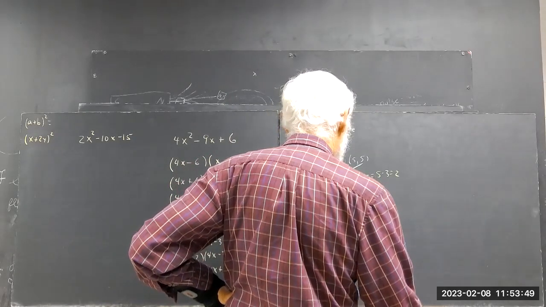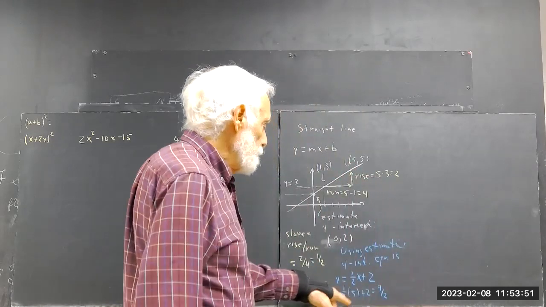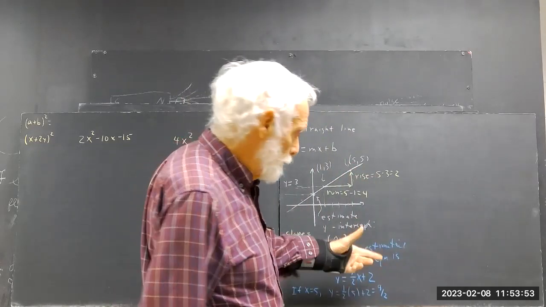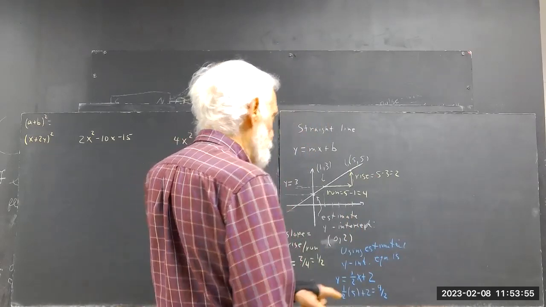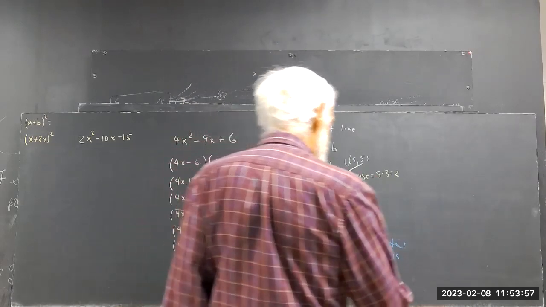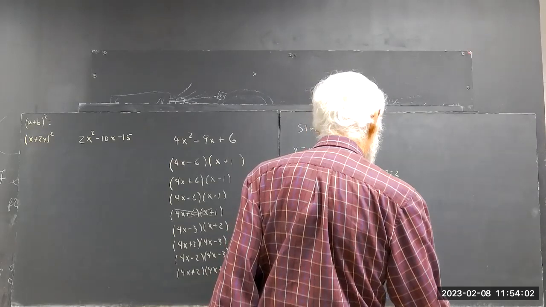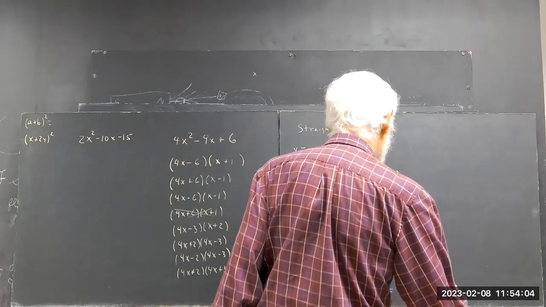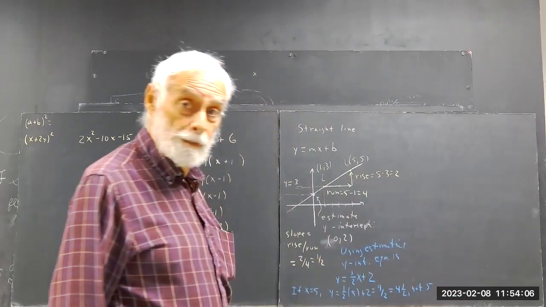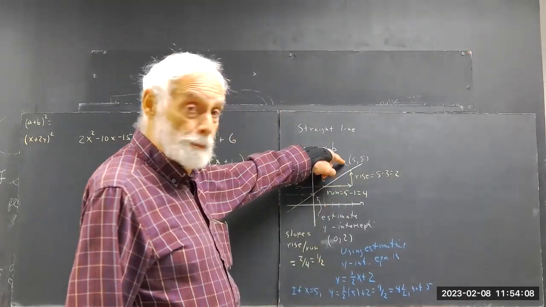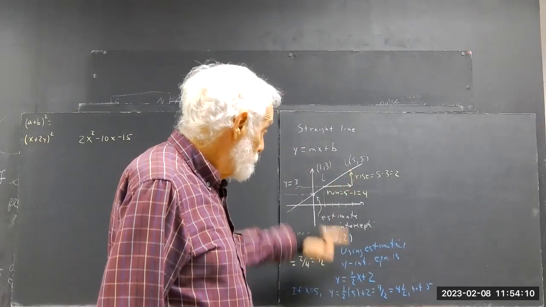I'm not going to do all the arithmetic, but that's going to be 5 halves plus 2, which is 4 halves, so you get 9 halves. Or you can take 2.5 and 2 and directly get 4.5. And that's not 5. So our equation isn't right. It's close, but it's not right.